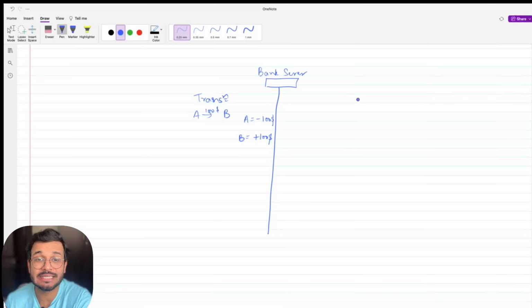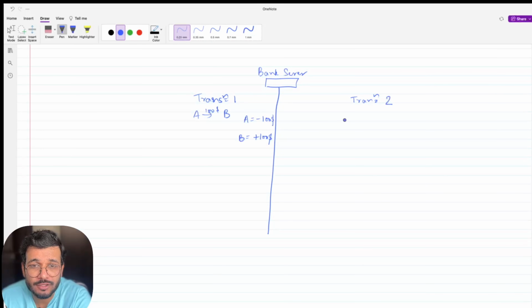Now what if there's another transaction which wants to read the data? So we can call this transaction 1, and this transaction 2. If it wants to read the value of B, it cannot do it in between. So transaction 2 will wait till this time.